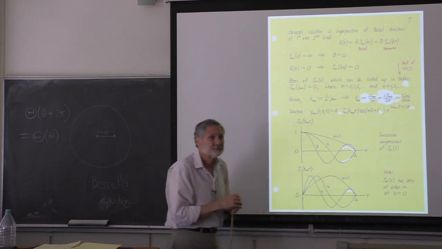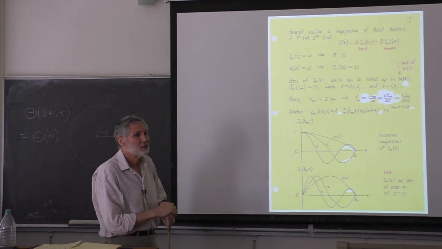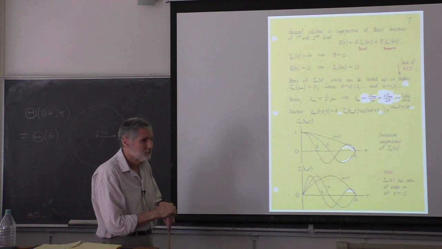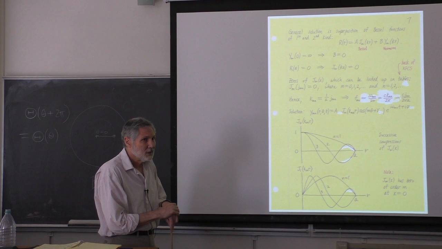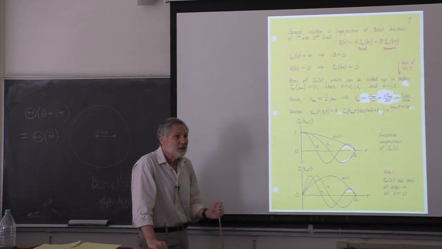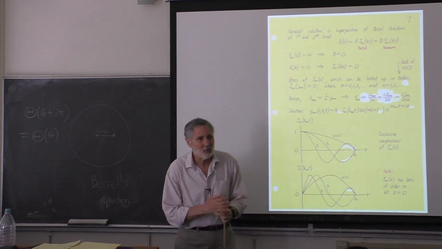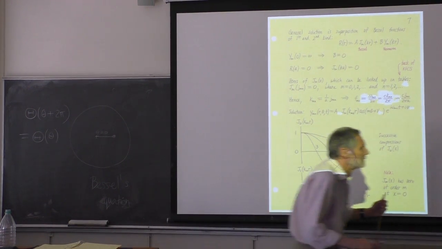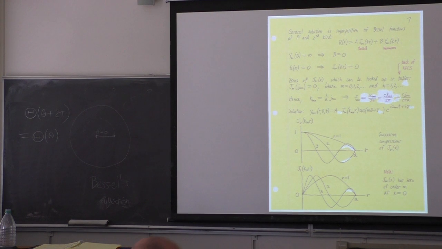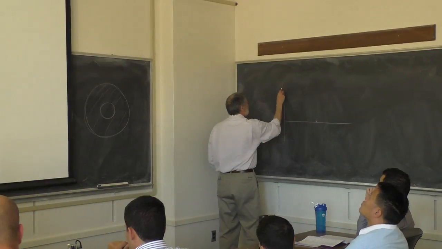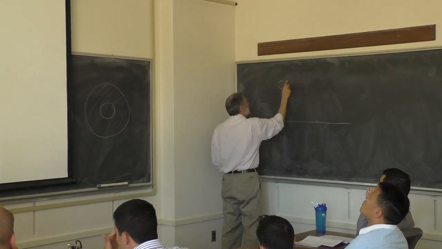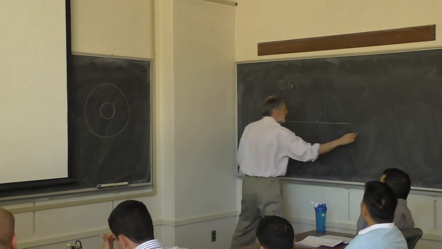Why isn't it just the zeros when cosine would be 0, if it's sine over the square root of something? It is, but that's only asymptotically. So you have to be way away. Let's look at just J0, J0 of x, right?